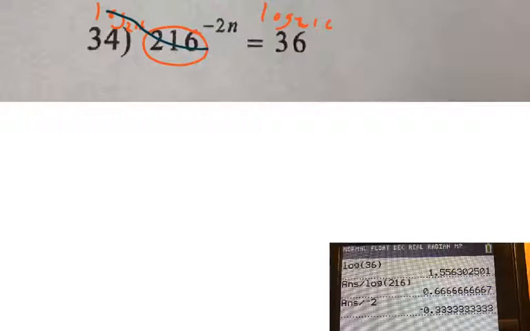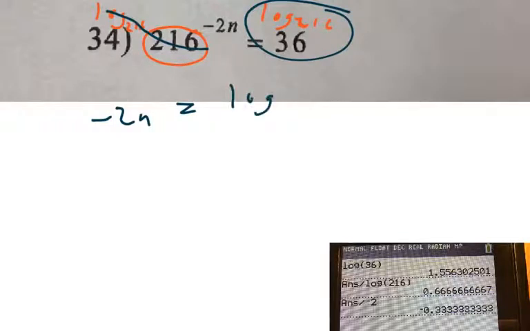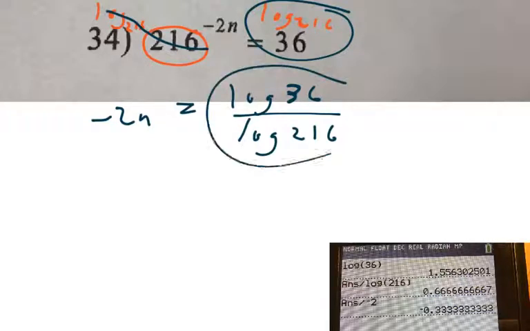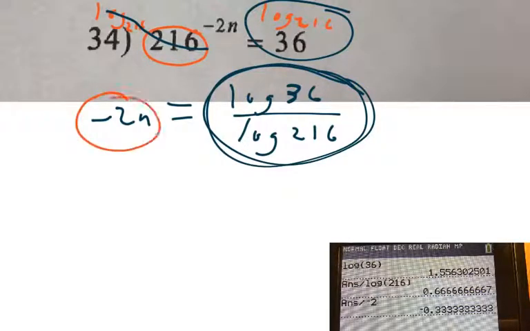So with the 216 base gone, negative 2n equals this, which is really the log of 36 divided by the log of 216. This is the change of base formula again. What's the only thing left to do is once I find this answer, I just need to divide both sides by negative 2.